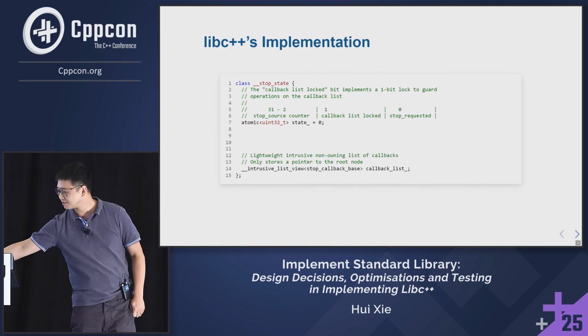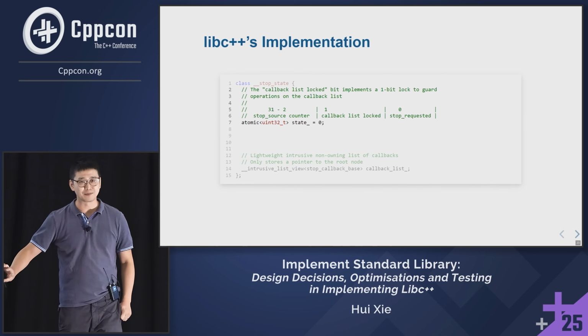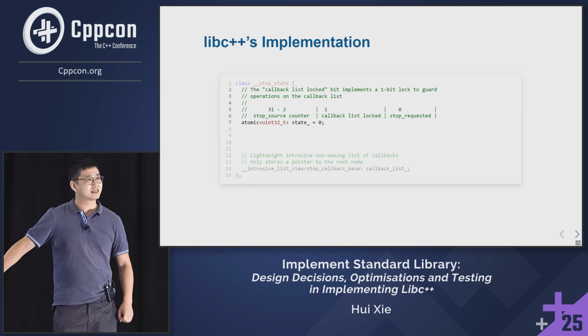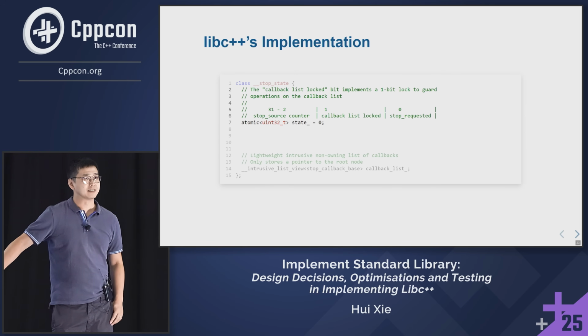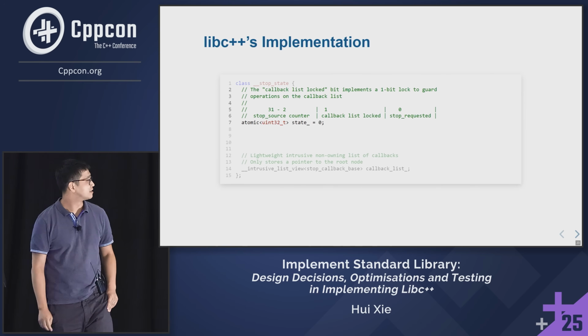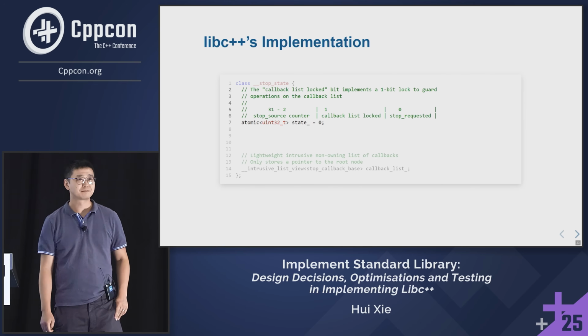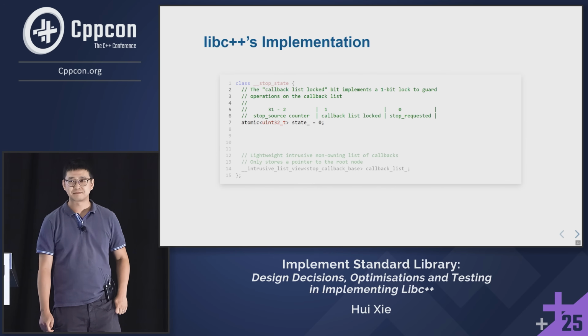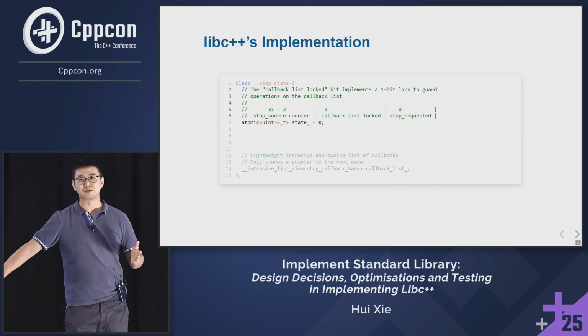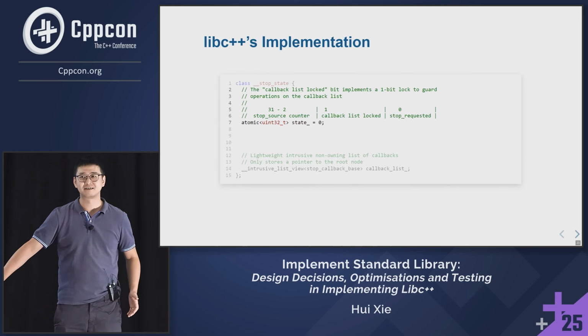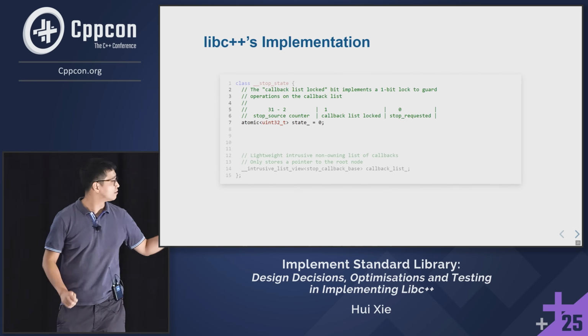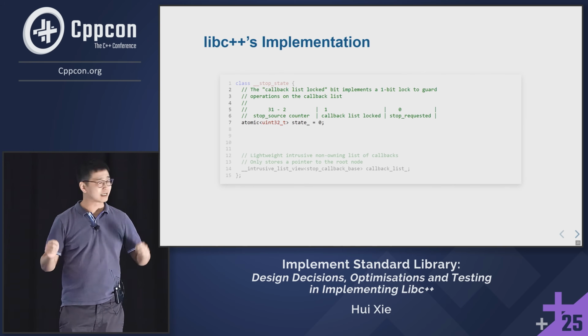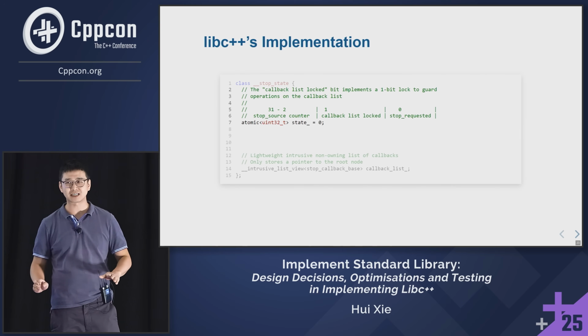We first have a 32-bit atomic integer, but we use this atomic integer for multiple purposes. The lowest bit we use as the stop requested bit. At the end of the day, we don't need a bool. A bool is a byte, but we don't need a byte to store a flag. We just need a bit, right? The second bit we use as callback list locked, so we don't need a mutex.